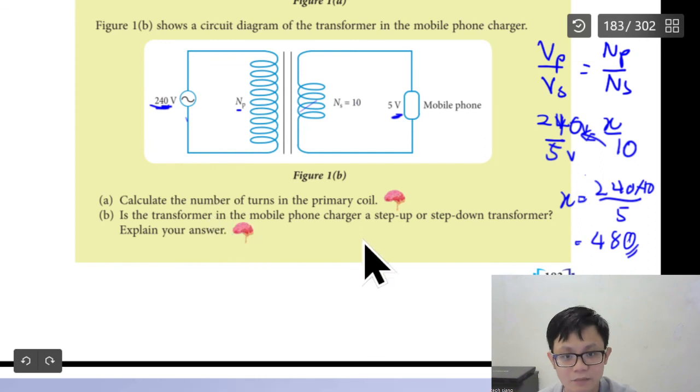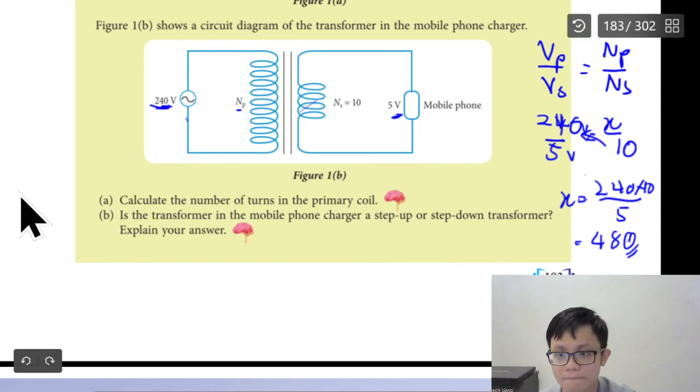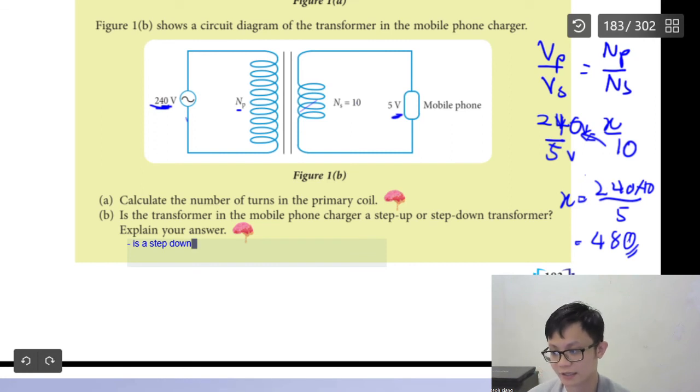Is the transformer in the mobile charger step up or step down? Wei Chen? So it's a step down transformer. Why? Why is it a step down? Because the primary has more turns. Yeah, because the output voltage is lower than the input.